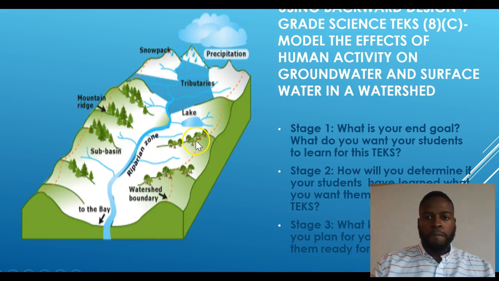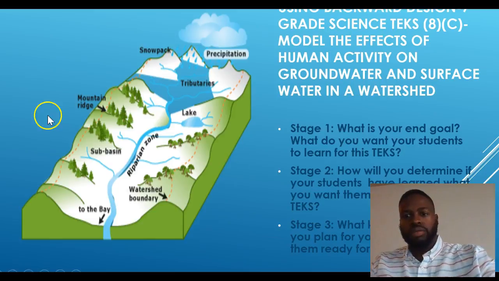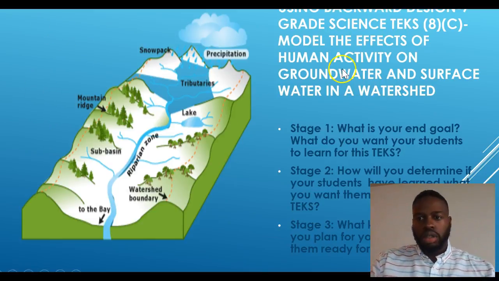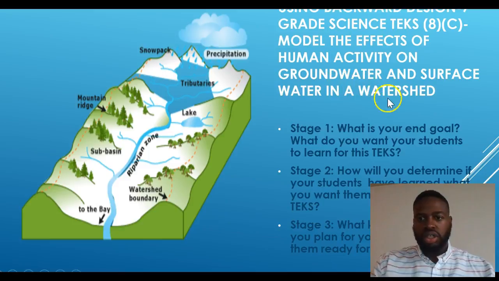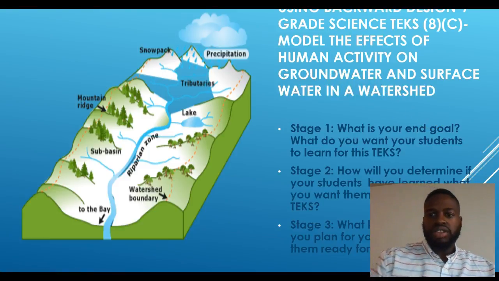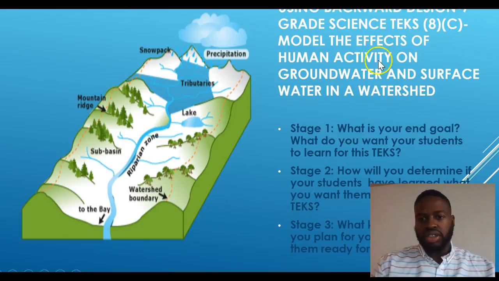Let's move on. Okay, so on this, let's go back. I don't know if you're going to be able to see all this, but it says using backward design. 7th grade science TEKS 8C, model the effects of human activity on groundwater and surface water in a watershed.